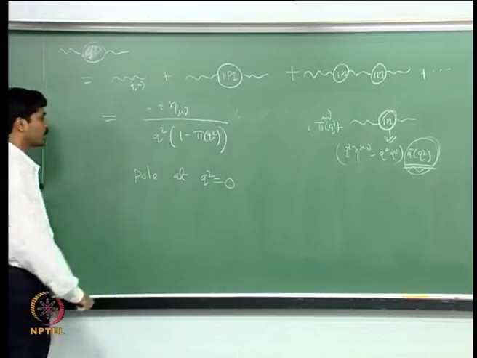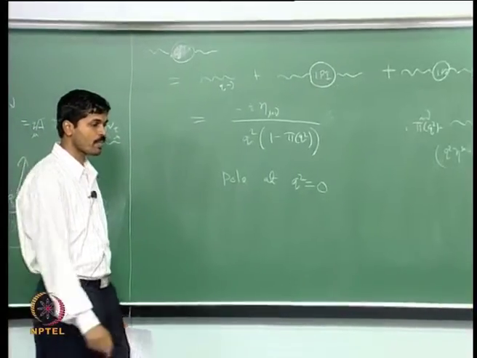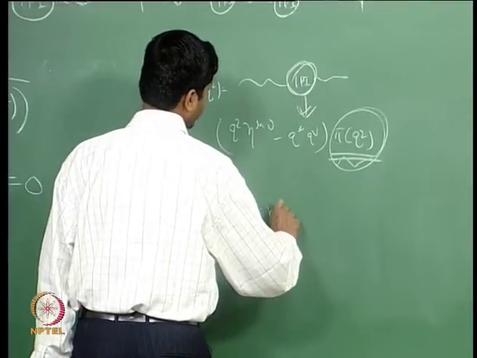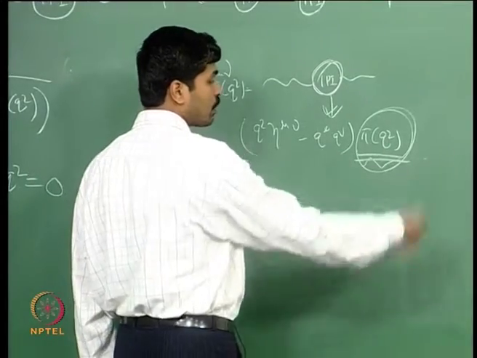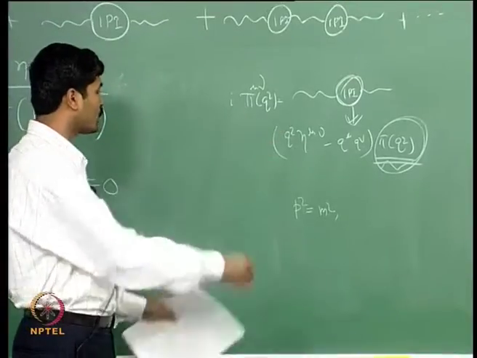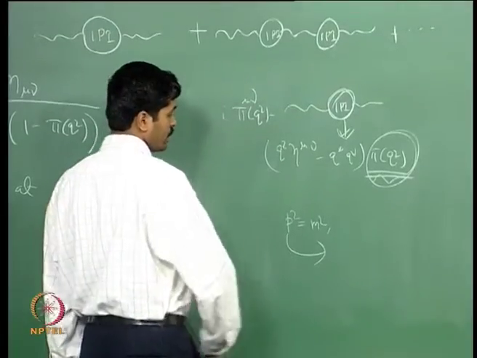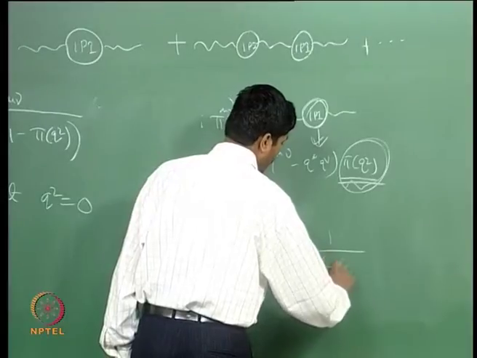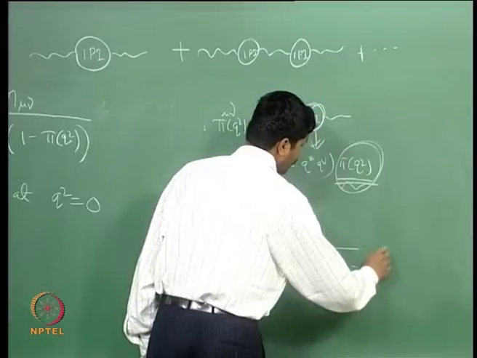Remember, in contrast, when we evaluated the electron self energy diagram, we did not have just a simple pole; we had a simple pole at p square equal to m square, but in addition we had a double pole, triple pole and so on at p square equal to m square, and when we summed up all contributions, at the end of the day we got a simple pole which is given by p slash minus m 0 minus sigma of p slash or something like that.